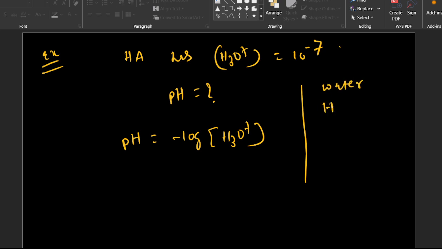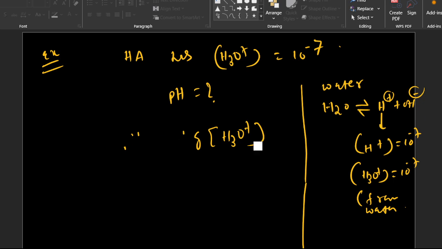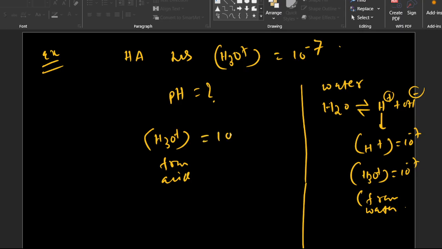Water itself gives H plus and OH minus, and it is neutral, so the H plus concentration from water is 10 raised to minus 7. And we are also getting H3O plus from the acid, that is 10 raised to minus 7.